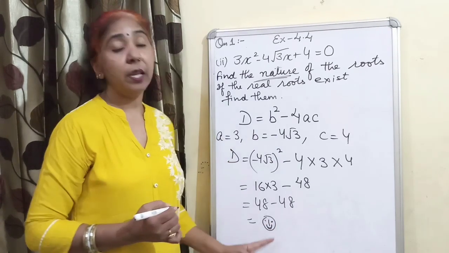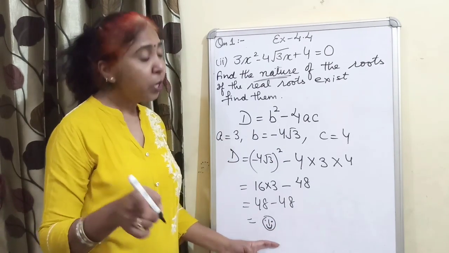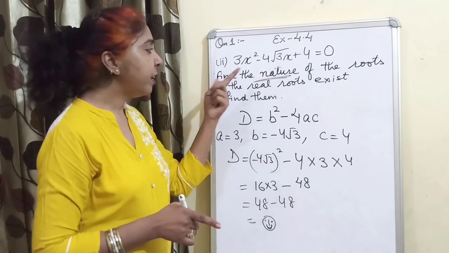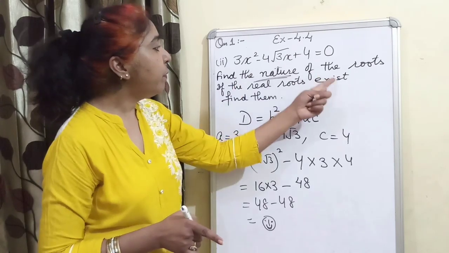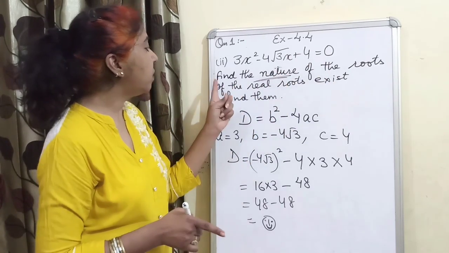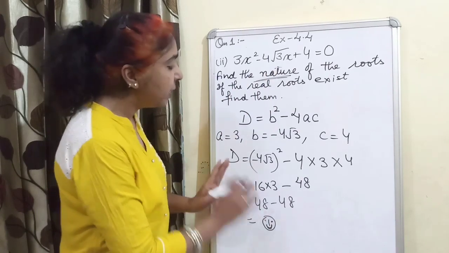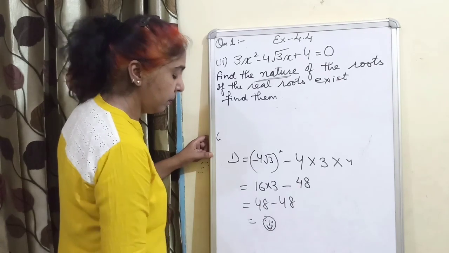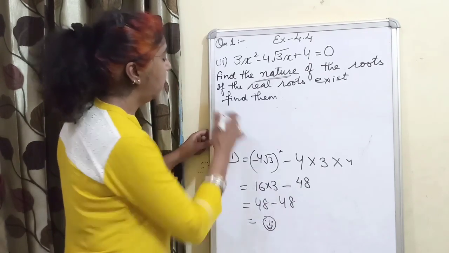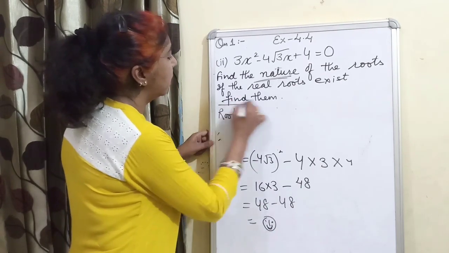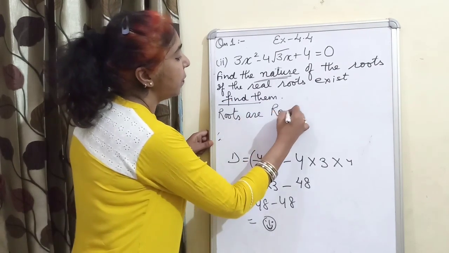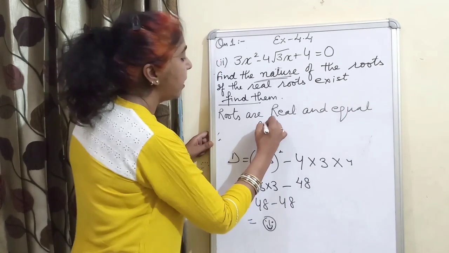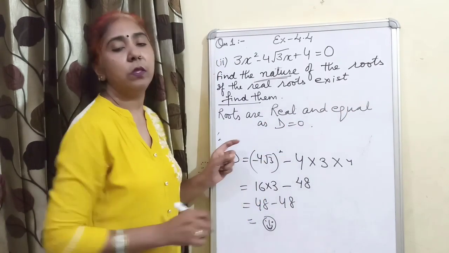If the value of d is 0, the roots will be real and equal. We have to find out the nature, so I write here: roots are real and equal as d is equal to 0.